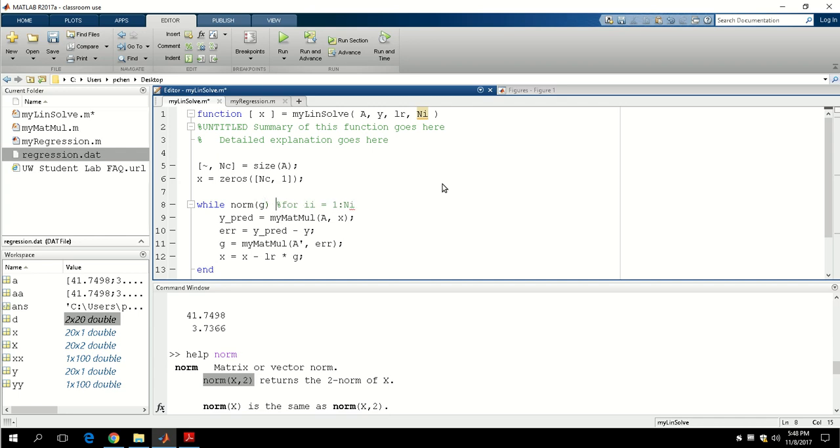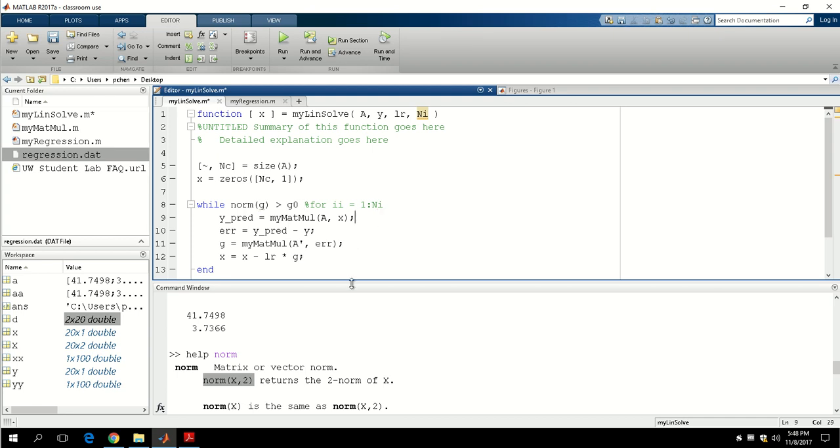If the norm of G is larger than a certain criterion, then we keep iterating. What might be a good criterion? What might be a good choice for this value? Before we worry about that, let's give it a placeholder. Let's call it G0.